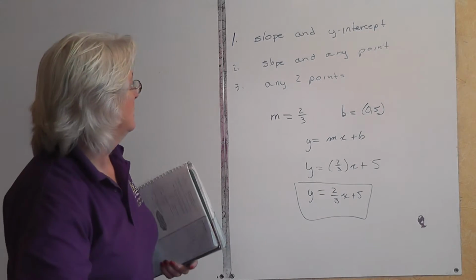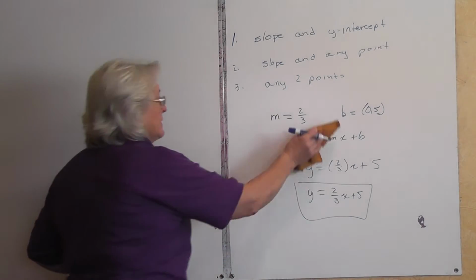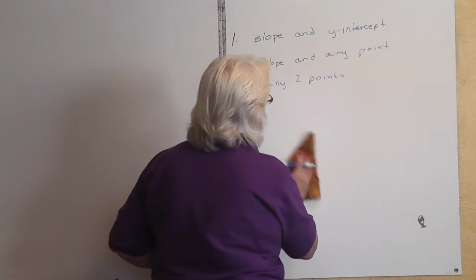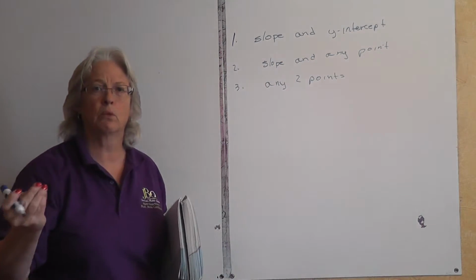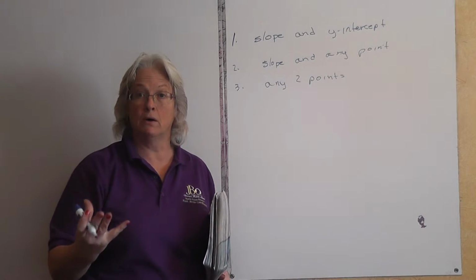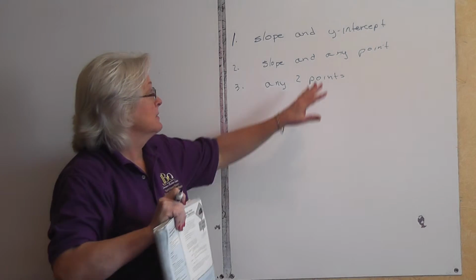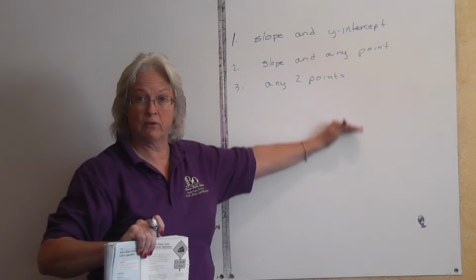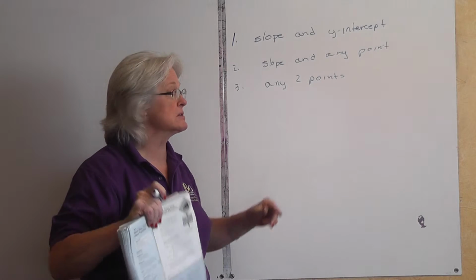Now, however, how in the world are we going to do it if we say slope at any point? Because with the y-intercept form of the line, we could only use the point where x is 0 and y is whatever the value is where it hits the y-axis.